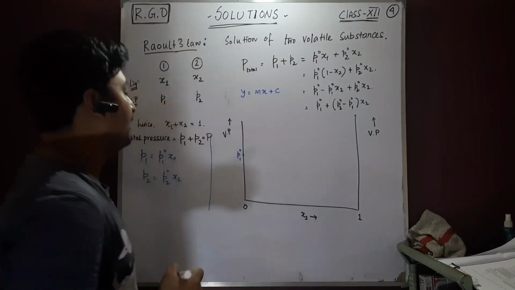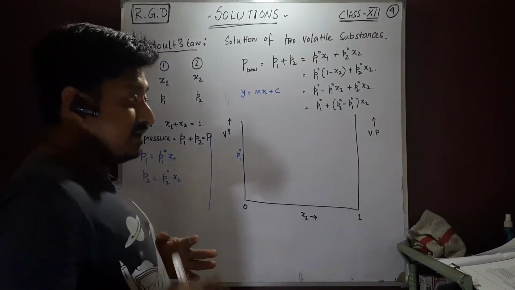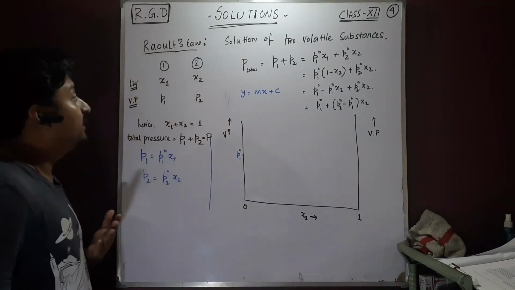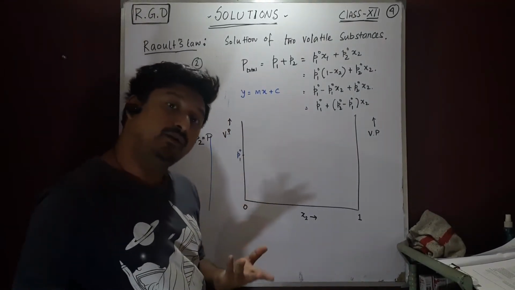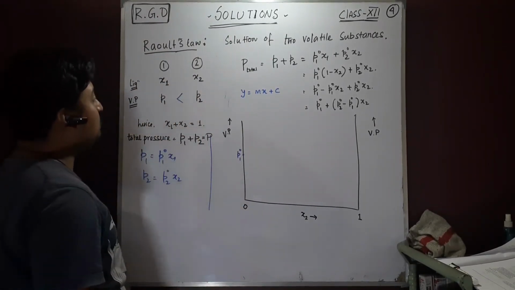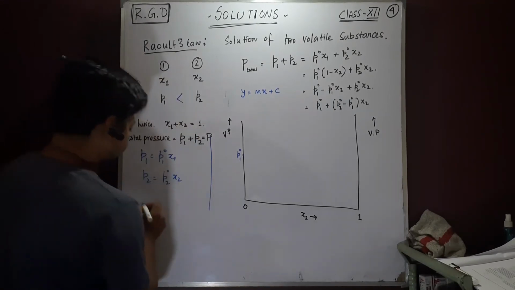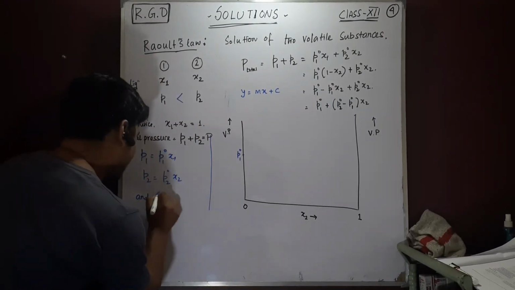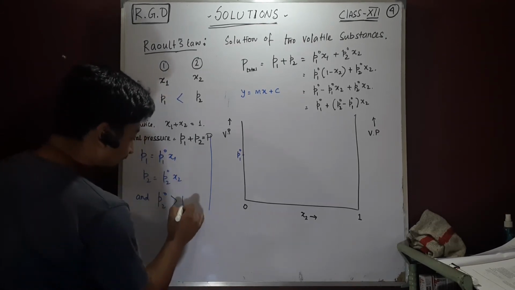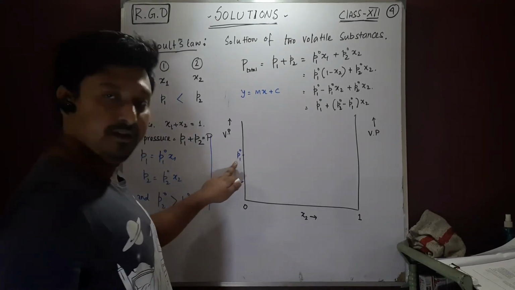Now, initially, let's say I'm assuming that component 2 is more volatile compared to component 1. So the vapor pressure P2 will be higher compared to P1, and P2 star, sorry, P20 will be greater than P10.